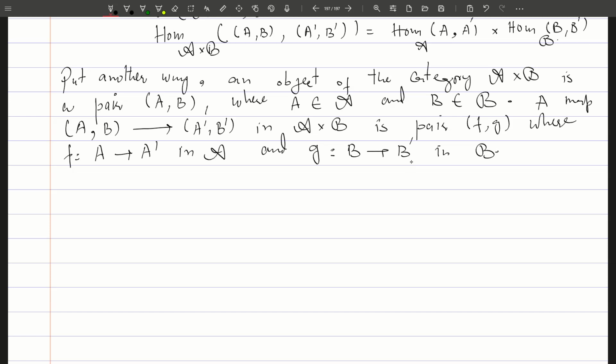Now we have a proposition here. It's a small, short result. Suppose we are given two morphisms.